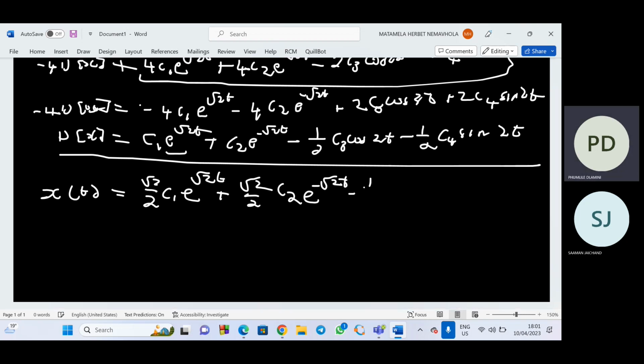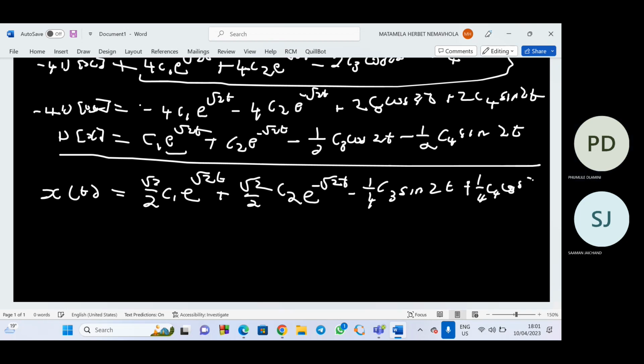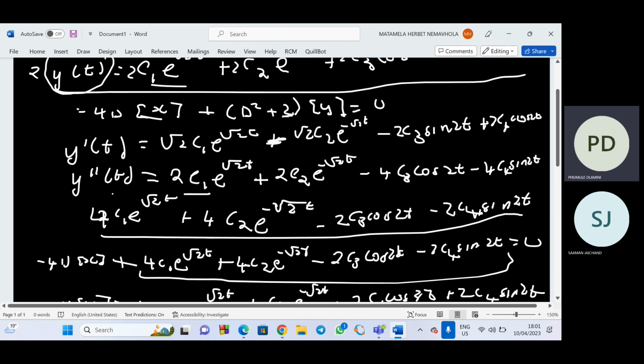Here is going to be negative 1 over 4 c3 sine 2t minus 1 over 4 c4 cos 2t. Because the c here is negative, negative times negative is positive, so it's going to be plus cos 2t. So now we have the solution for x of t, and we also have a solution for y.